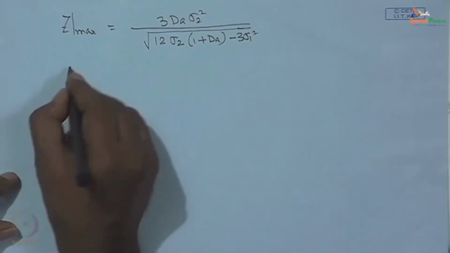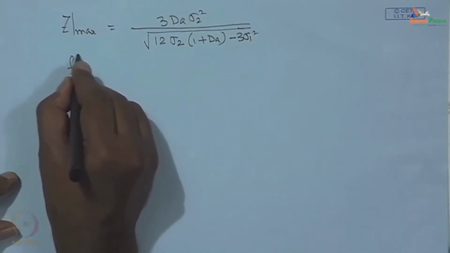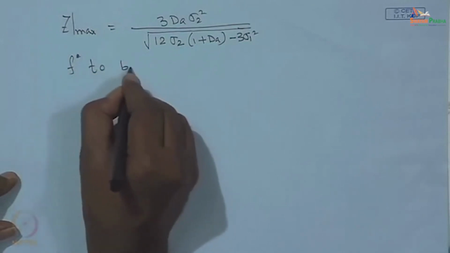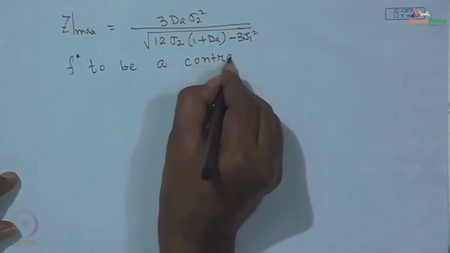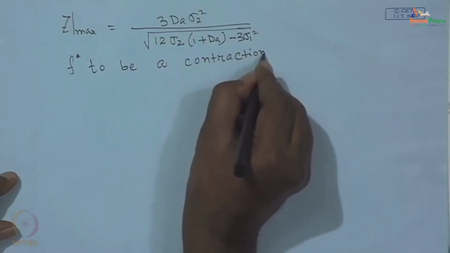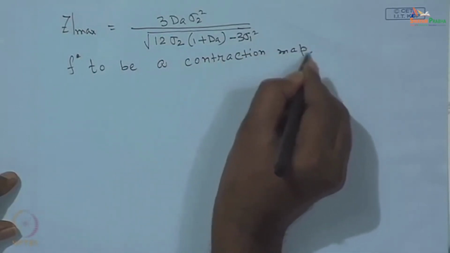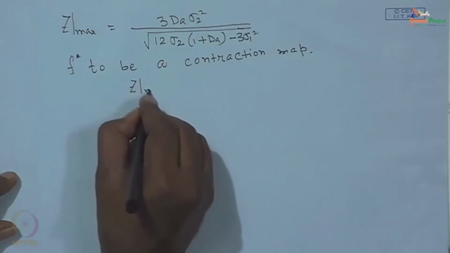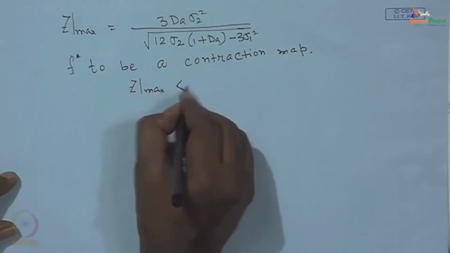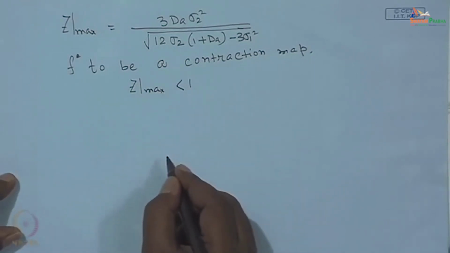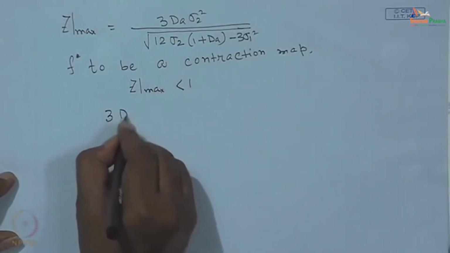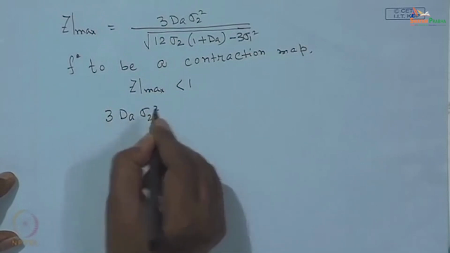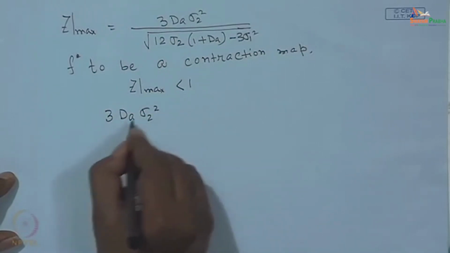So, for F to be a contraction map, Z max should be less than 1, and therefore, the whole equation turns out to be 3 dA sigma 2 square divided by the whole thing.